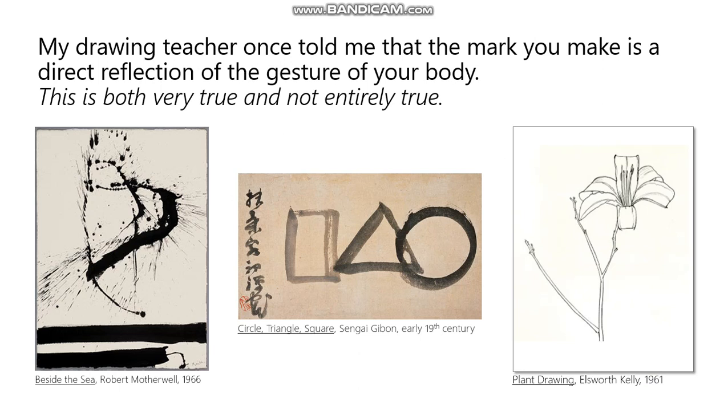But if you look at a drawing like Ellsworth Kelly, that's also a very expressive mark, but it's not entirely clear how he held his body. The control in it makes the communication of the body movement less clear in a way.